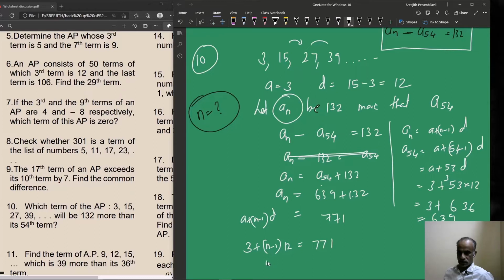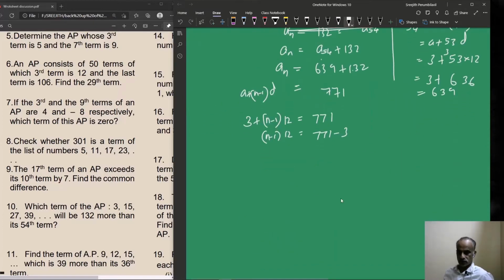Or (n minus 1) into 12 is equal to 771 minus 3, that is 768. If I keep n minus 1 here, what remains? 12 will go into 668 by 12.